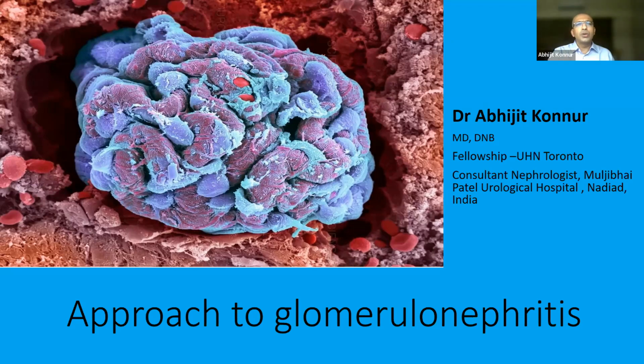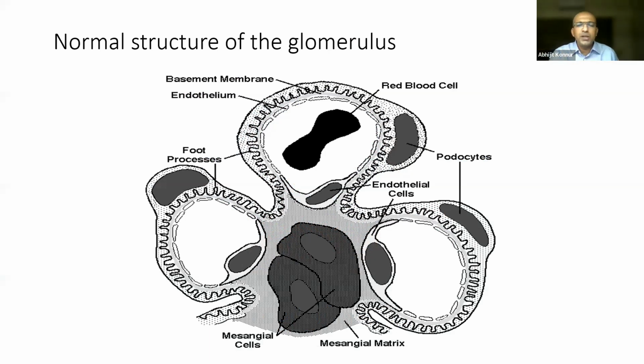So as we all know, this is the normal structure of a glomerulus, and it typically consists of the capillary loops that you see here. These are covered by interdigitating foot processes, which are the extensions of the primary visceral epithelial cell called the podocyte.